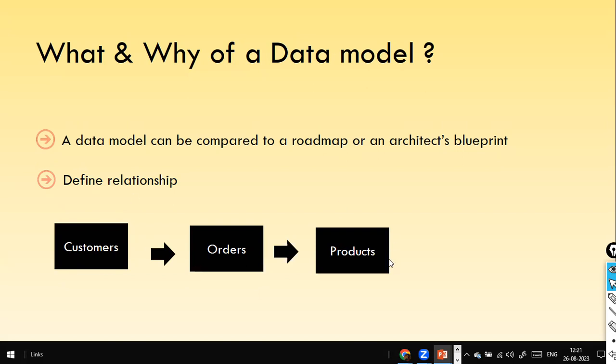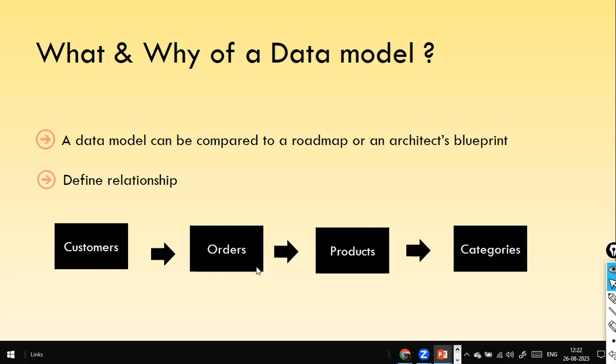A single customer may raise more than one order, and each order can contain one or more products. So there exists a relationship between the customer and orders, and between orders and products, and vice versa. Products and categories also have a relationship, because each category can have more than one product.